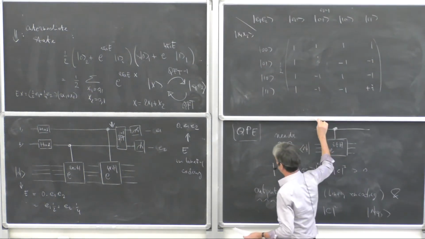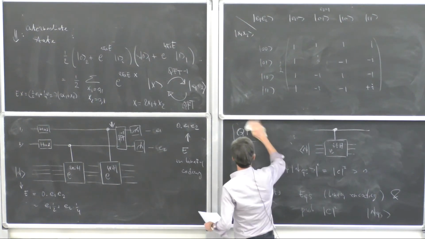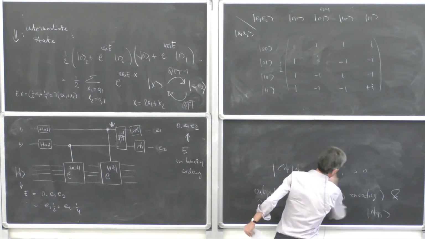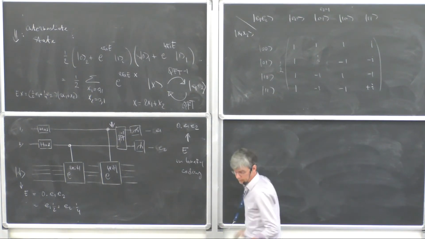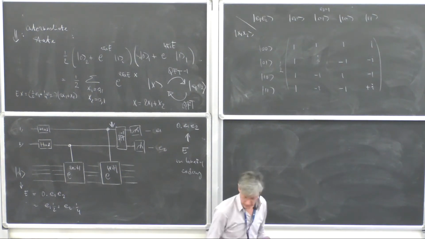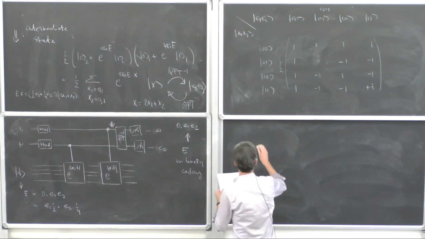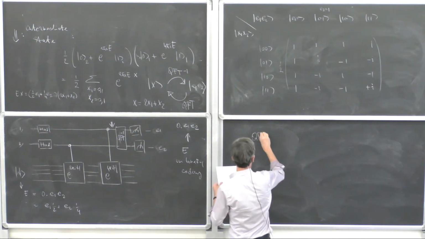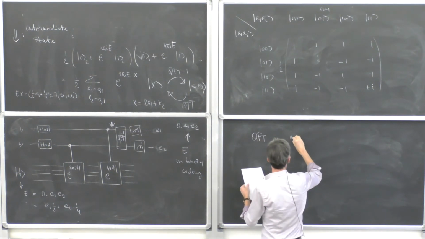If I have the general case, so I do this thing not on 2, but on, let's say, n qubits, then I'm looking at, let's say, QFT as an operation, or if you wish, a quantum gate on n qubits.